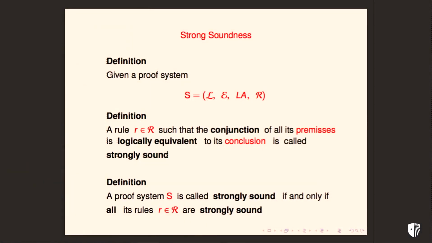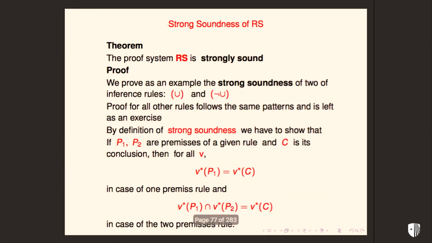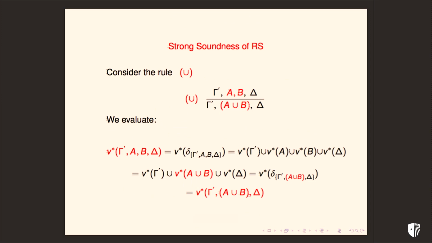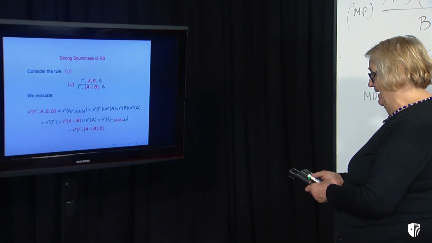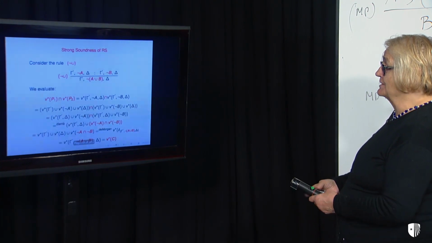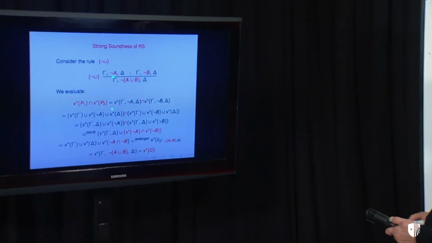And this is very important because that's why we can build the counterexample for the decomposition trees. And then, you see, all the rules of RS are strongly sound. Here is a beautiful proof in colors. That is very easy. Now, here is a little bit more complicated.